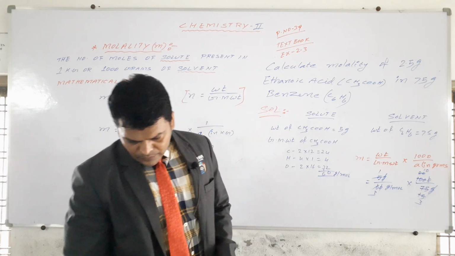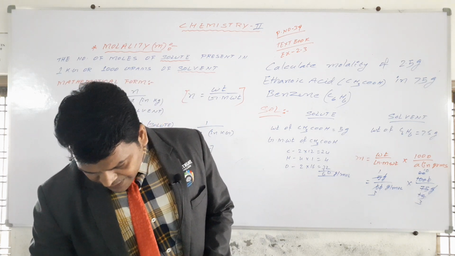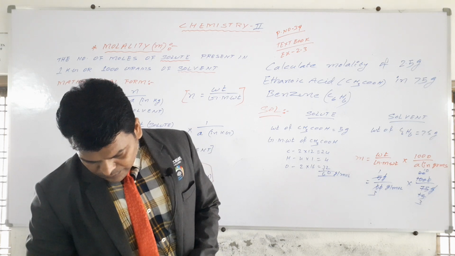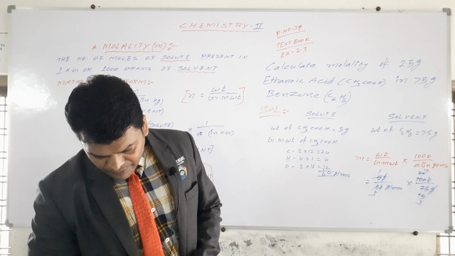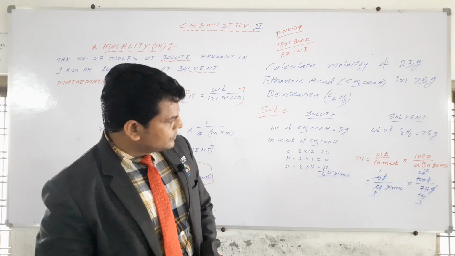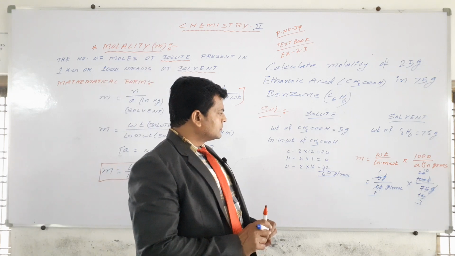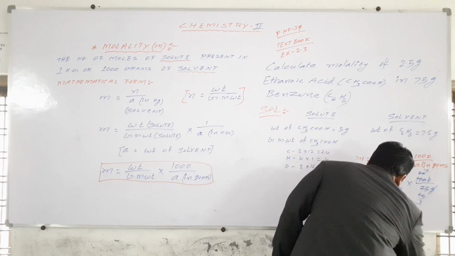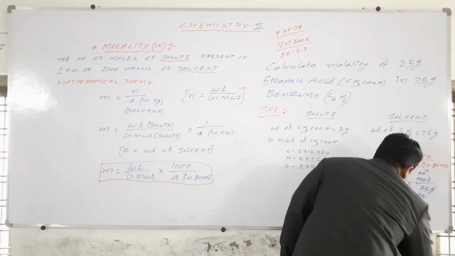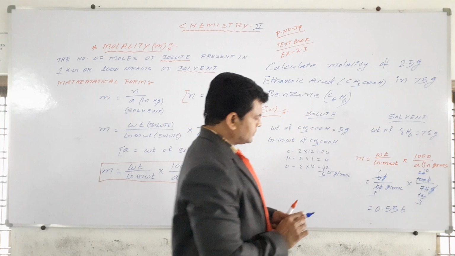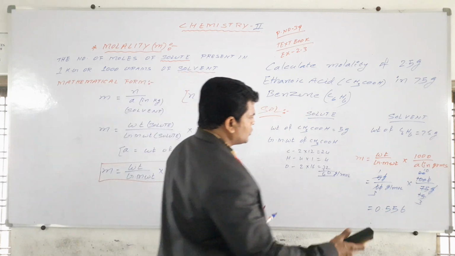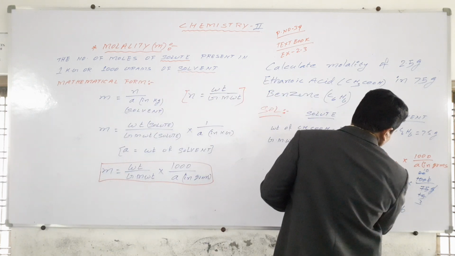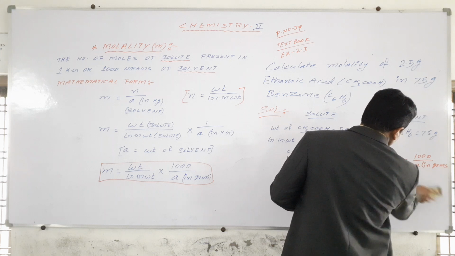Then that is 0.556. You may do this cancellation in your own way.